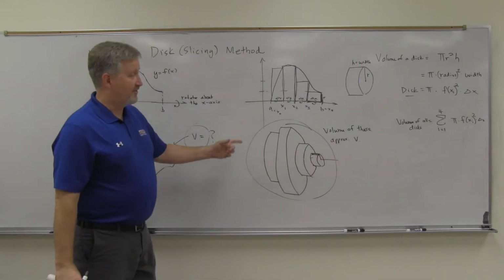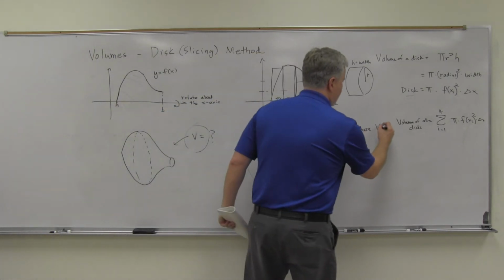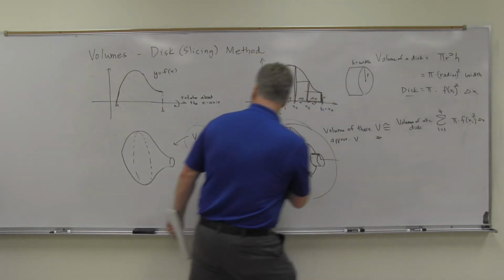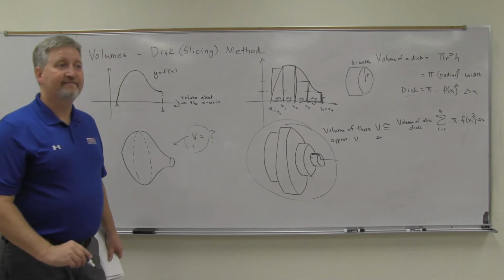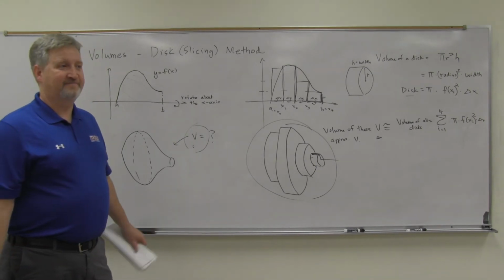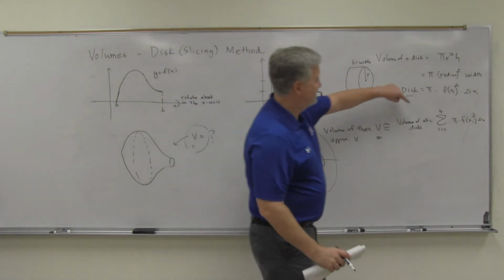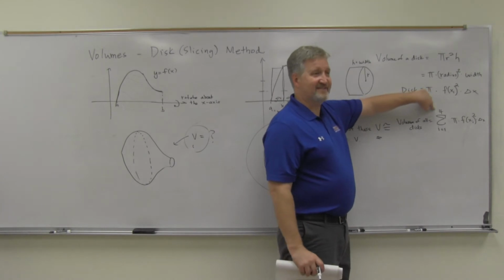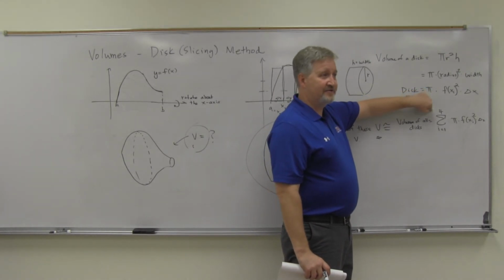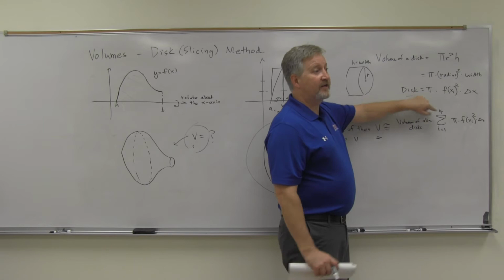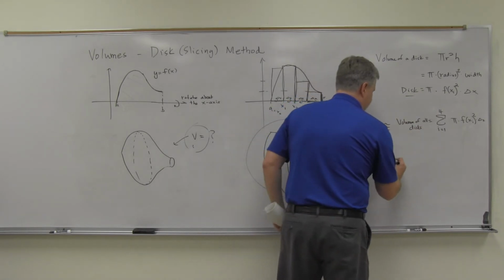How do I get it better though? Because this is just an approximation of this volume, right? How would I make it better? Make more disks, right? Make it 10 disks or 100 disks. How do I get it exactly though? That's really the question.